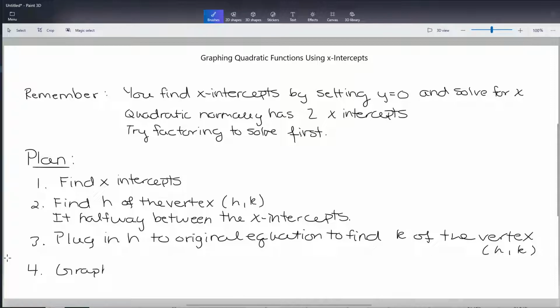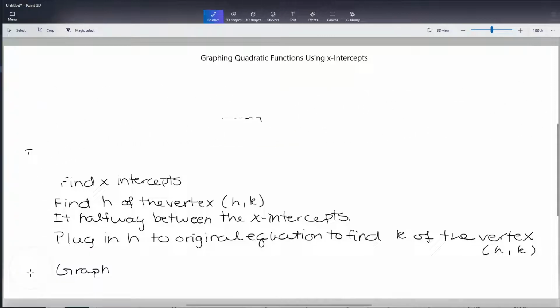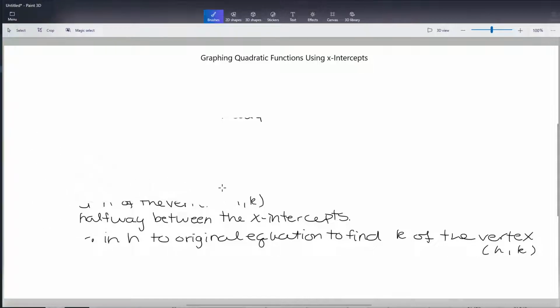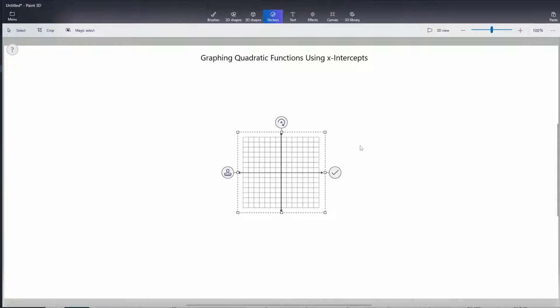We'll take those x-intercepts, we'll take that vertex, and we'll make our graph. So let's go ahead and look at an example of this.